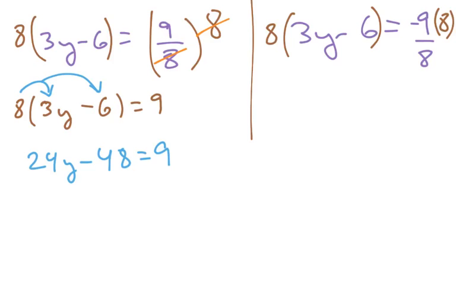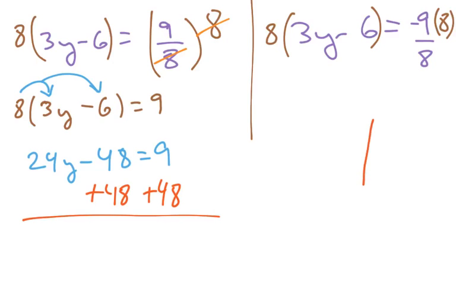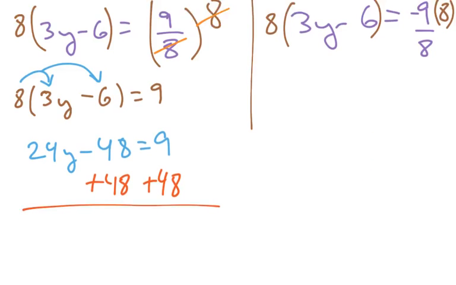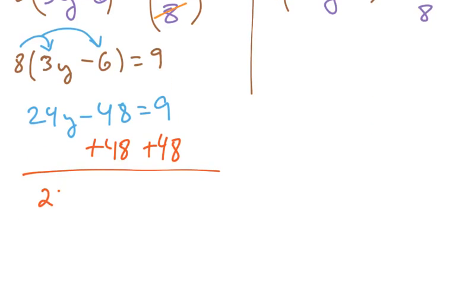Then we're going to add 48 to the other side, so we get 24y equals 57. And then to finish it off, we're going to divide by 24.